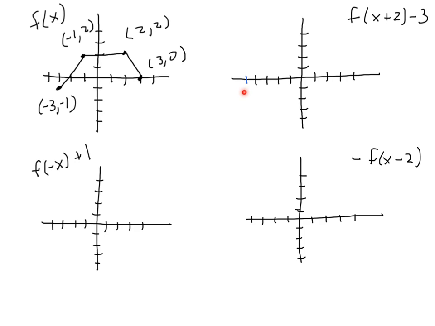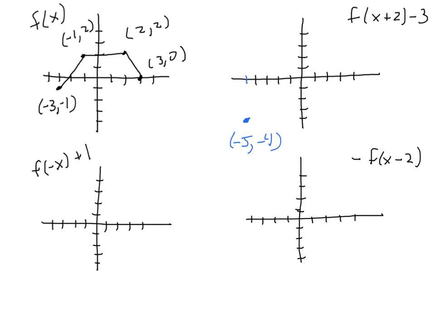And I'm going to go down 3 units. So I'm going to go down over here to -4. So I'm going to be at (-5, -4). So I'm going to put a dot at (-5, -4). That's where the point (-3, -1) was switched to, which is at (-5, -4).